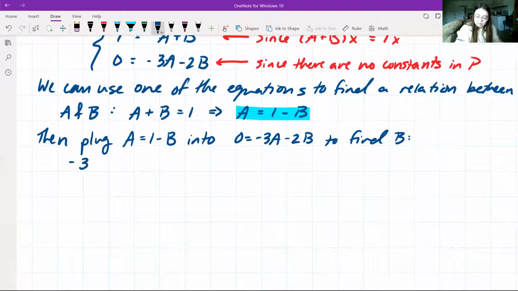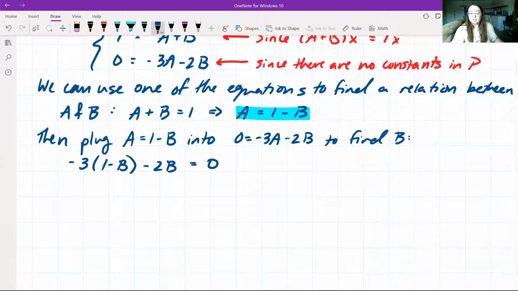So we have negative 3a minus 2b. So this is going to be negative 3 times 1 minus b minus 2b is equal to 0.